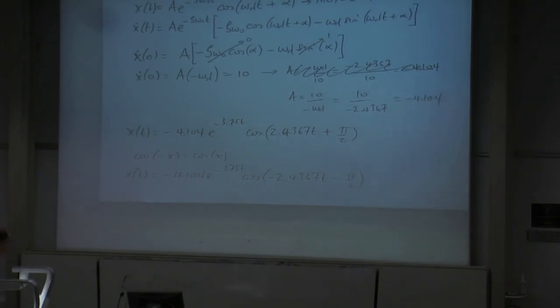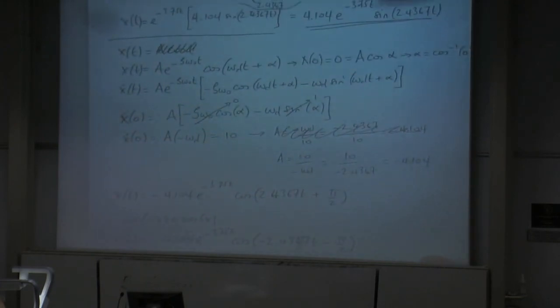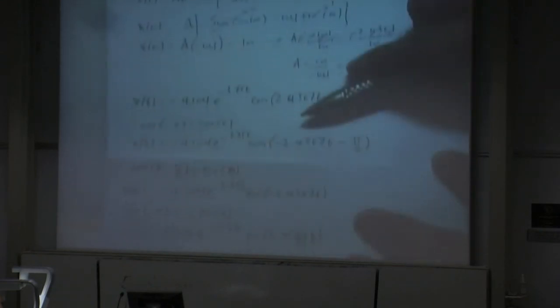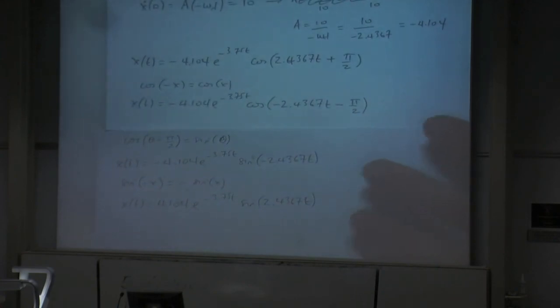But then by using a bunch of trig identities and a bit of manipulation, you can turn that equation, which isn't the same as the one up here, into that equation. It produces the same graph, but it's not the same equation. Just by using a bit of manipulation and a bit of cleverness.